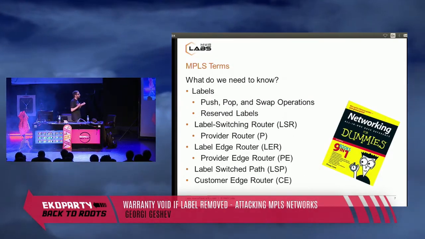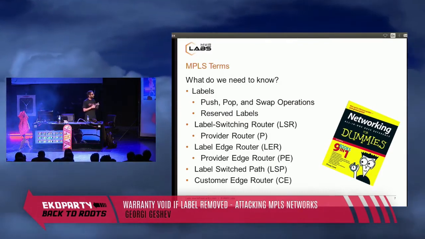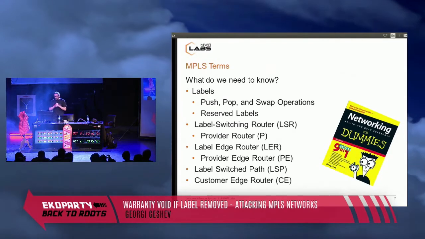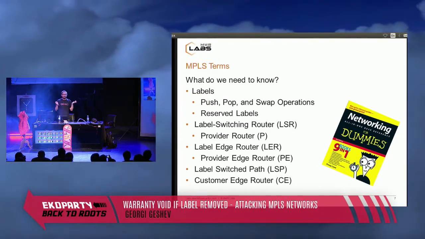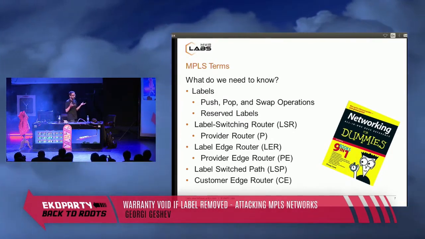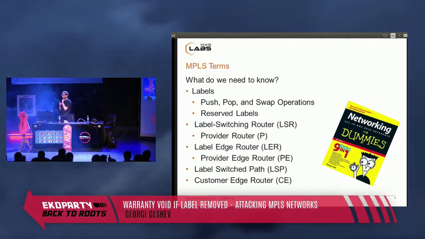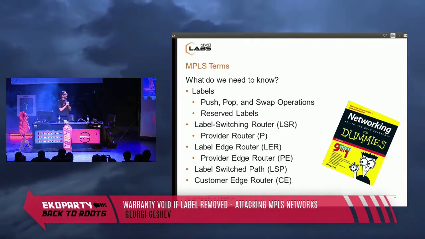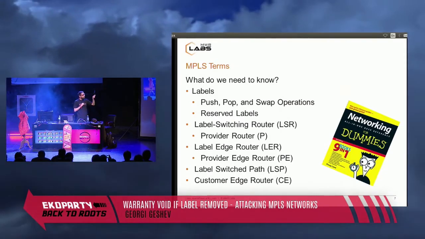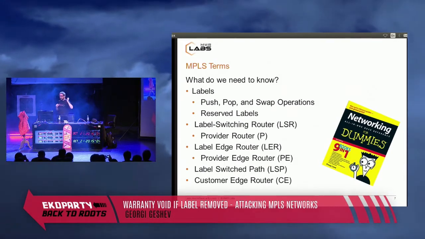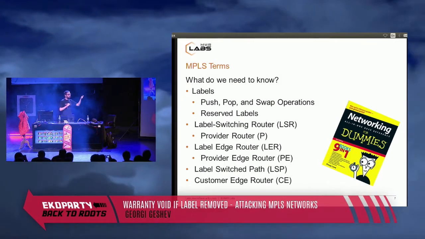Now, a bit of boring stuff, but I need to mention some of these things before I move on. As I said, labels are basically the heart, the core of the protocol. These are 20-bit integers. There are 3 operations that you can perform on a label: pushing a label on a stack, popping a label off the stack, and swapping labels.